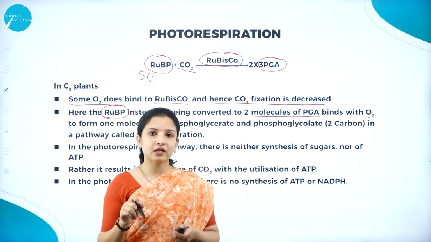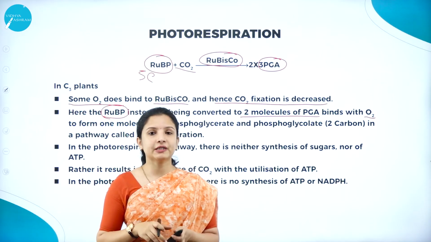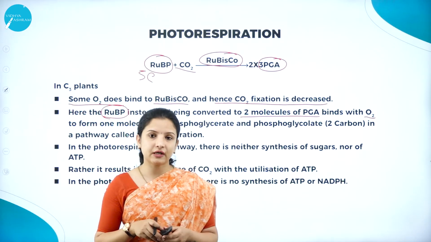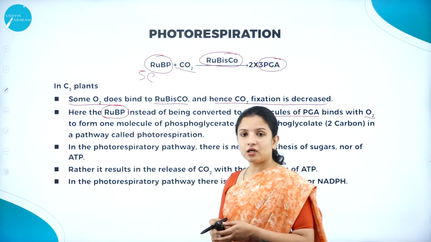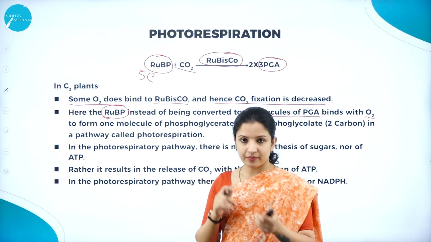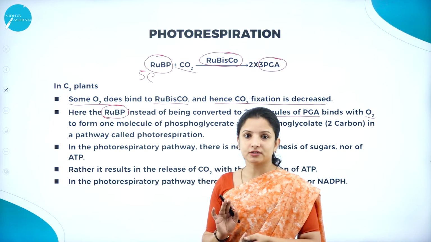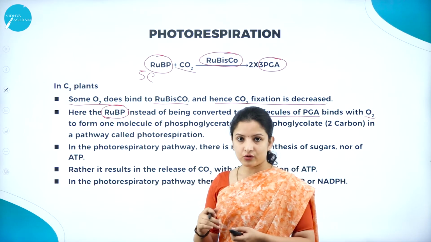Why is it binding with oxygen? Because here carbon dioxide is not getting fixed with the ribulose 1,5-bisphosphate with the help of the enzyme Rubisco. Because the oxygen is entering into the plant cells instead of the carbon dioxide, sometimes the oxygen will go and bind to the Rubisco enzyme.